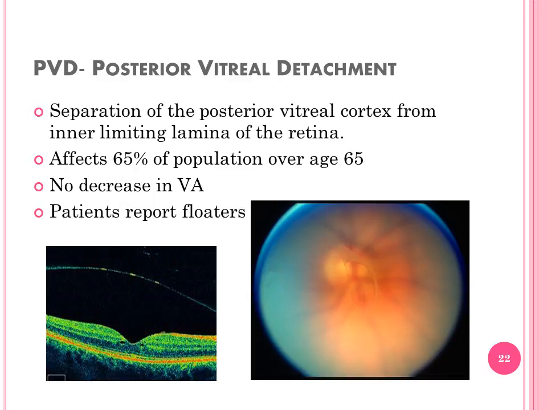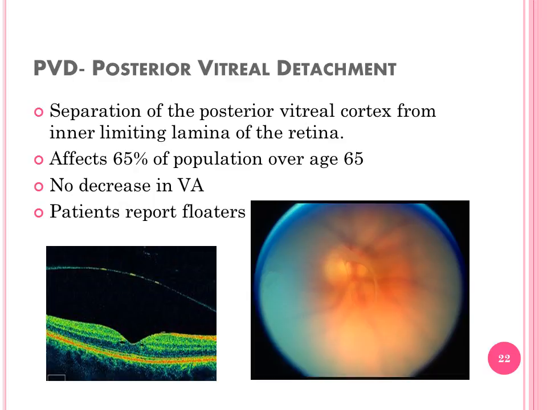But what happens is you can see down here in this picture of an OCT, you can see here we have the fovea. We have all of our retinal layers, and this is the vitreous, and this is that inner limiting lamina of the retina, and the vitreous has pulled it, and this has formed basically a pocket.